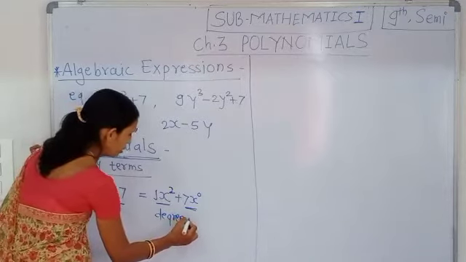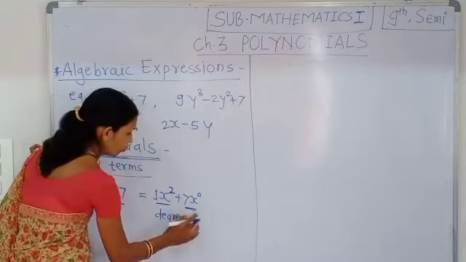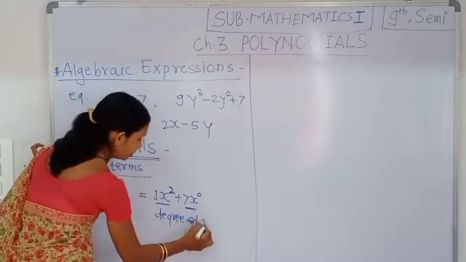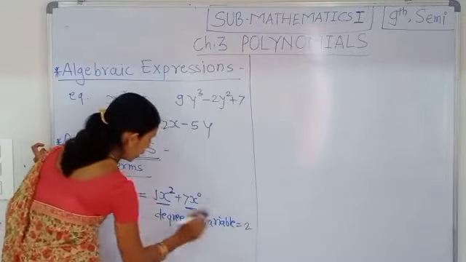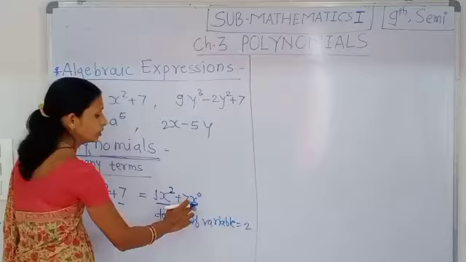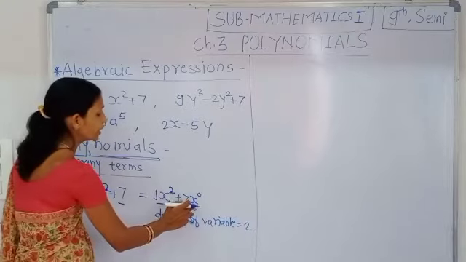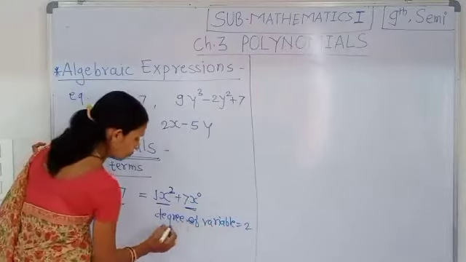Here the degree of the variable is 2, and the degree of the variable x in the second term is 0.